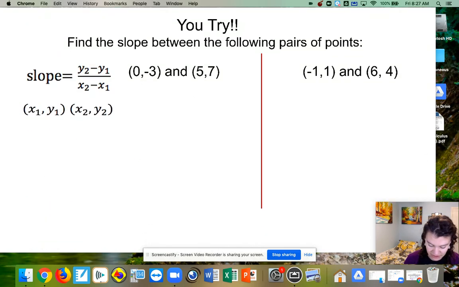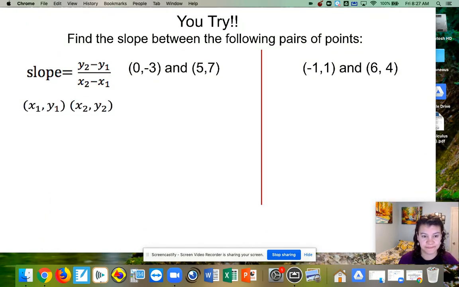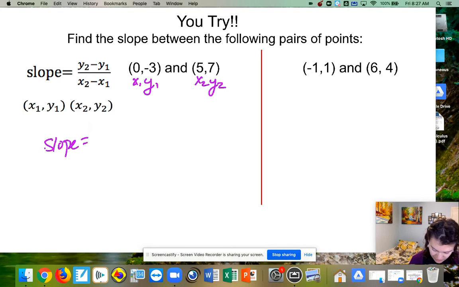So pause the video and try these two on your own. All right, so we'll label these again. We have x1, y1, x2, y2. So our slope, if we have y2 first, it'd be 7 minus y1, so minus -3, and then 5 minus 0.